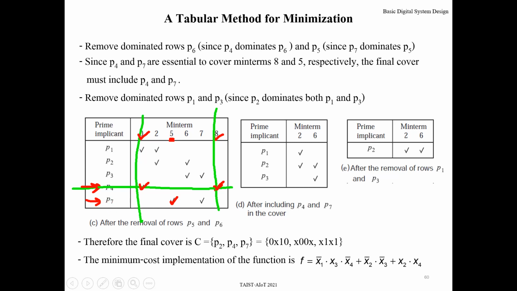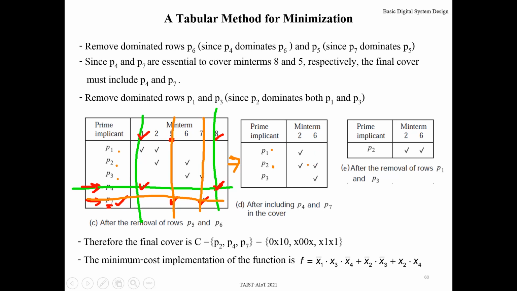So you must select P7 in order to cover this midterm 5. And when you select P7, that means you also select this midterm 7. So you can delete this, and this. Okay. But the result is you are left with P1, P2, and P3, and rows midterm 2 and 6.